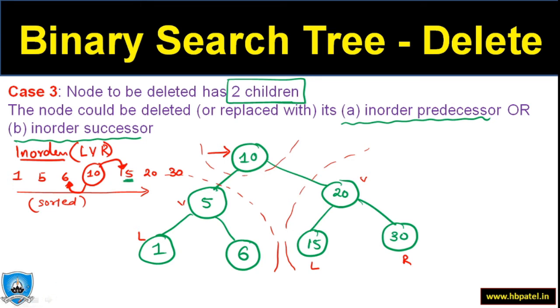So in this case we'll remove this 10 and replace it by 15. So I'll be putting 15 over here, and once that 15 is put, I'll now remove this 15. In this case also you can check that the left hand side of 15 is all the numbers which are less than 15, and the right hand side of 15 is all the numbers which are greater than 15. So these are two different ways to do this.